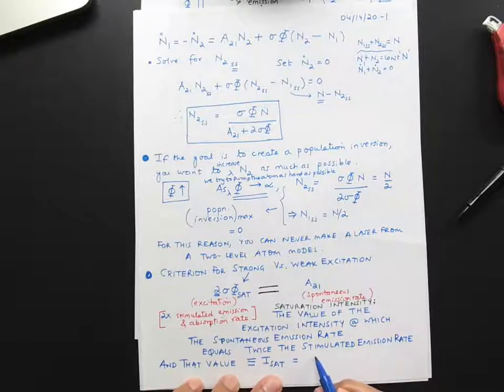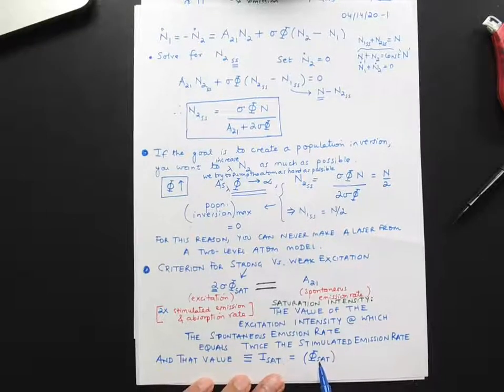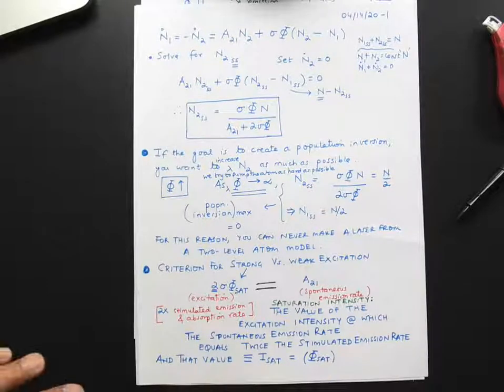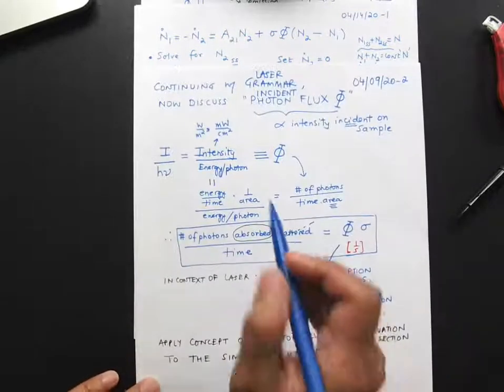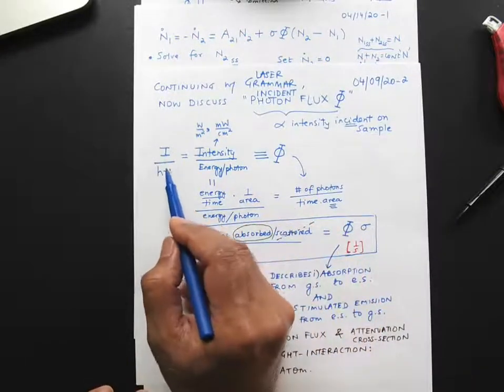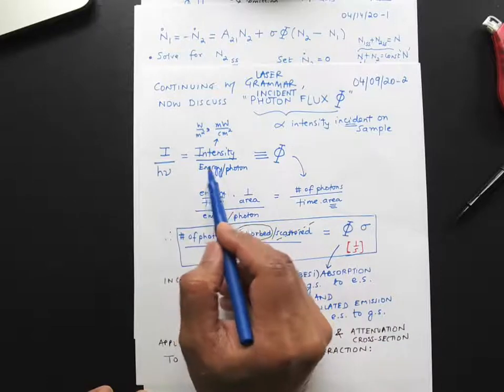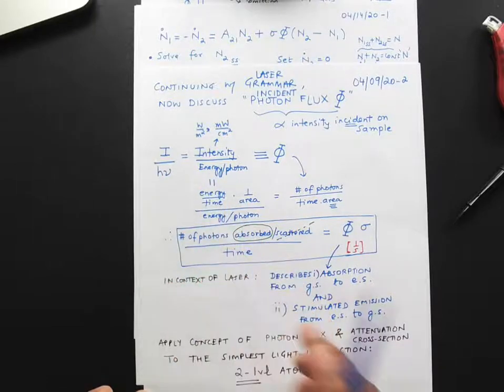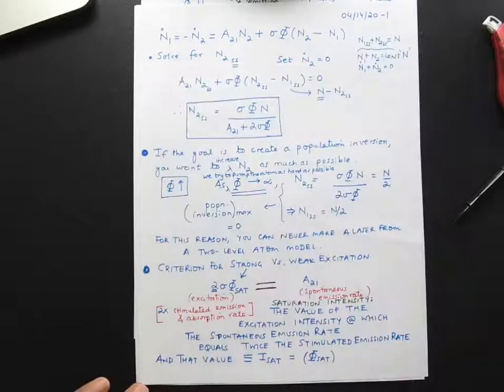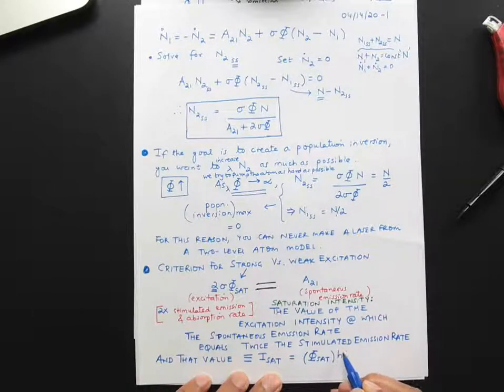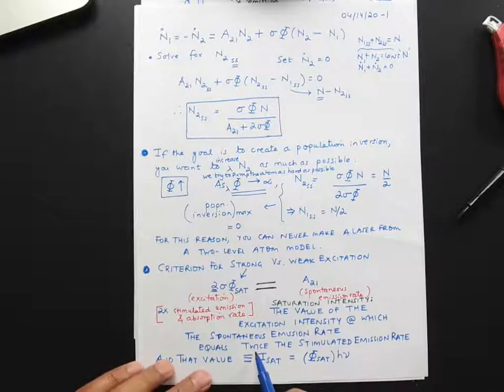So this is equal to phi saturation multiplied by the energy per photon, because remember, it's a flux, right? We defined the flux as intensity per photon energy. So I need to multiply this by the photon energy, so that would be h nu.